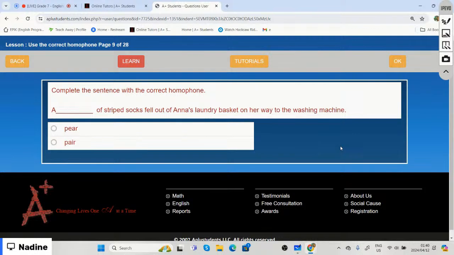All right, so we say a pair, which is two together, of striped socks fell out of Anna's laundry basket on her way to the washing machine. So pair is correct.